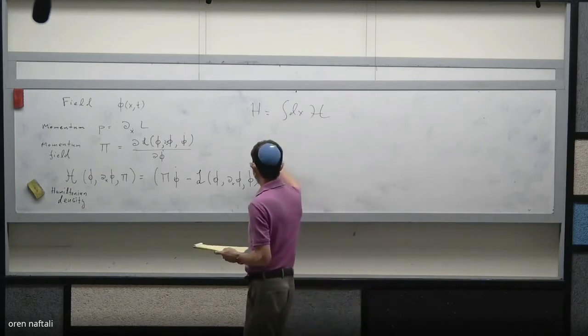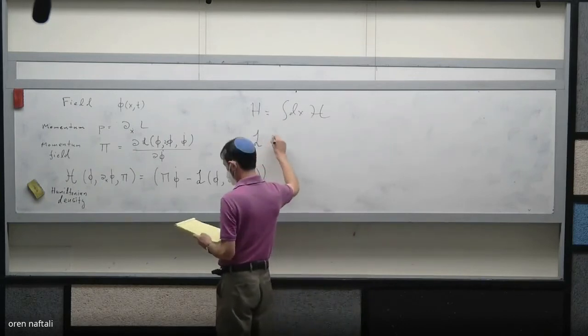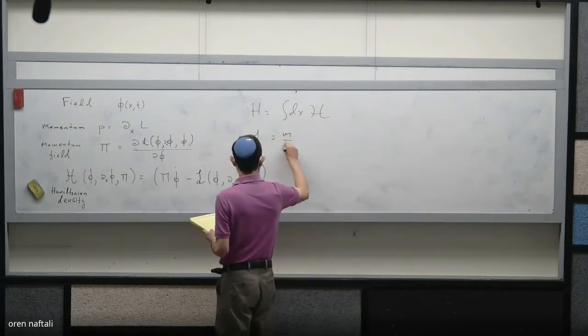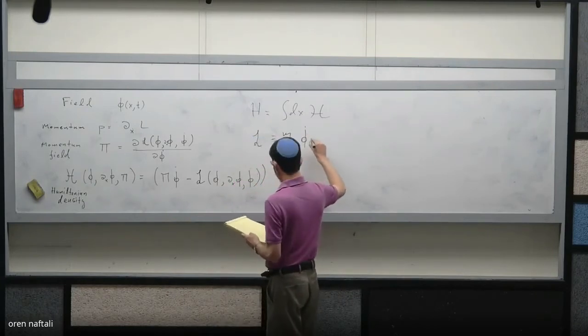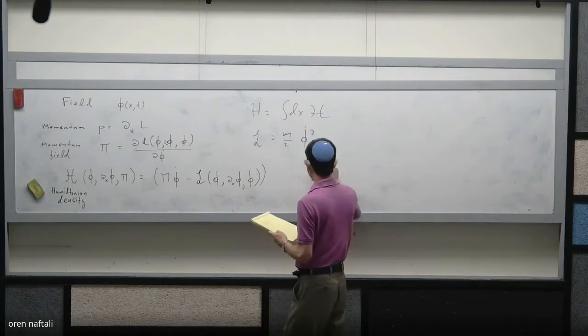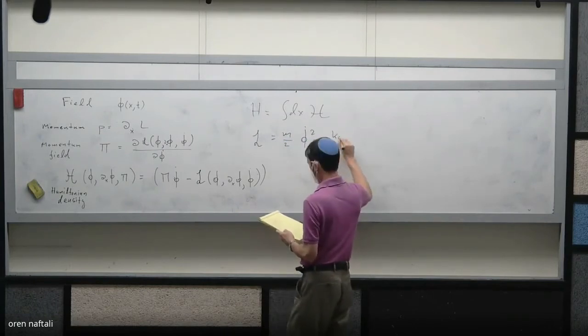So for our case, the Lagrangian was m over 2 phi dot square.